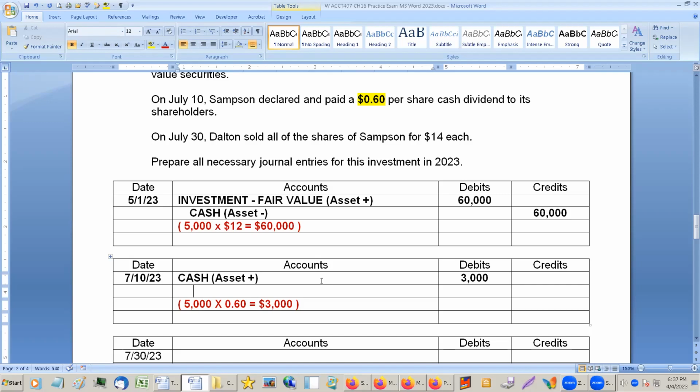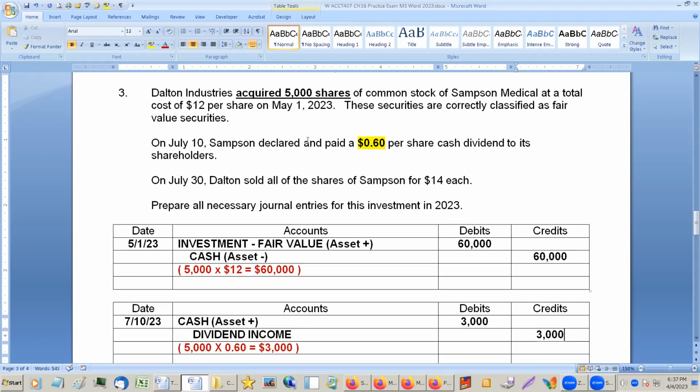And what's the credit? Dividend income. Yeah, this is the fair value.